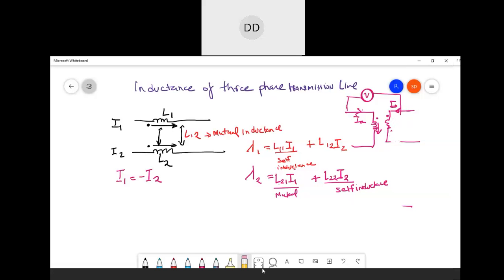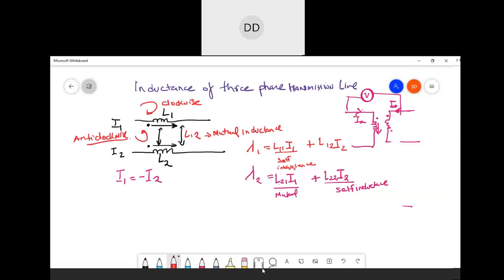We can replace I1 with minus I2, because in one circuit the direction of I1 is like this, whereas in this circuit the direction of I2 is like this because the arrow is like this. If it is clockwise here, it is anti-clockwise there. So we can safely say that I1 is equal to minus I2.